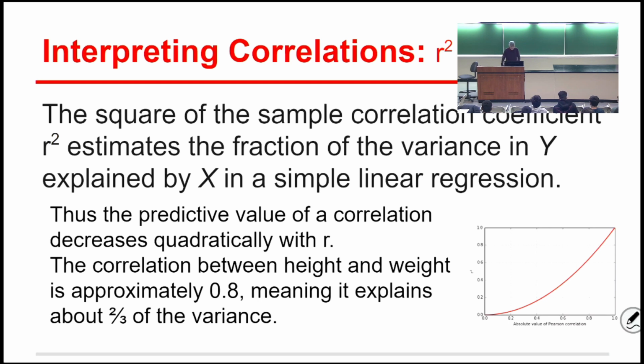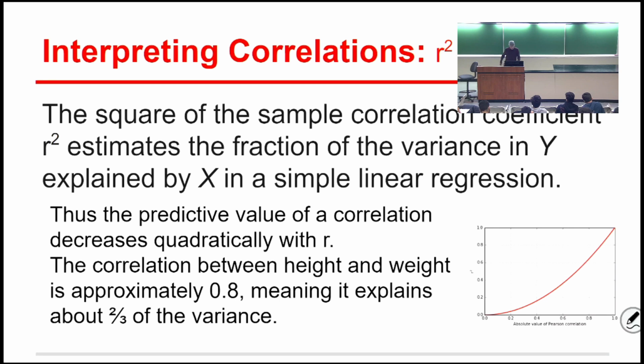Now, when you talk about an R squared estimate, that gives you a number between 0 and 1. The importance of the R squared estimate is that it estimates the fraction of the variance in Y that is explained by X in a simple linear regression. Let's think about what this means.